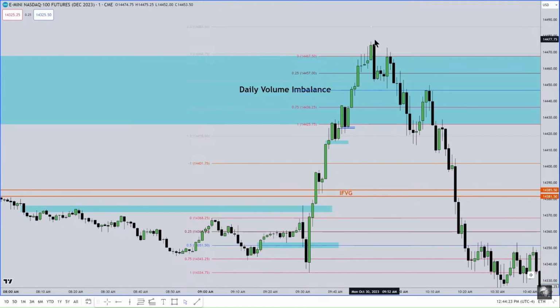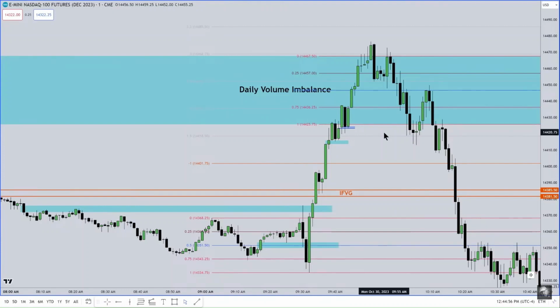Now, if you know that it's a high probability that it's going to create a high or low of the day based on something like this daily volume imbalance. Okay, in other words, we're bearish. We've been bearish on the indices. If we think that it's going to go up to go down, and we can run numbers on the range at midnight, then we run the range again at 8:30, run the range again at 9:30.